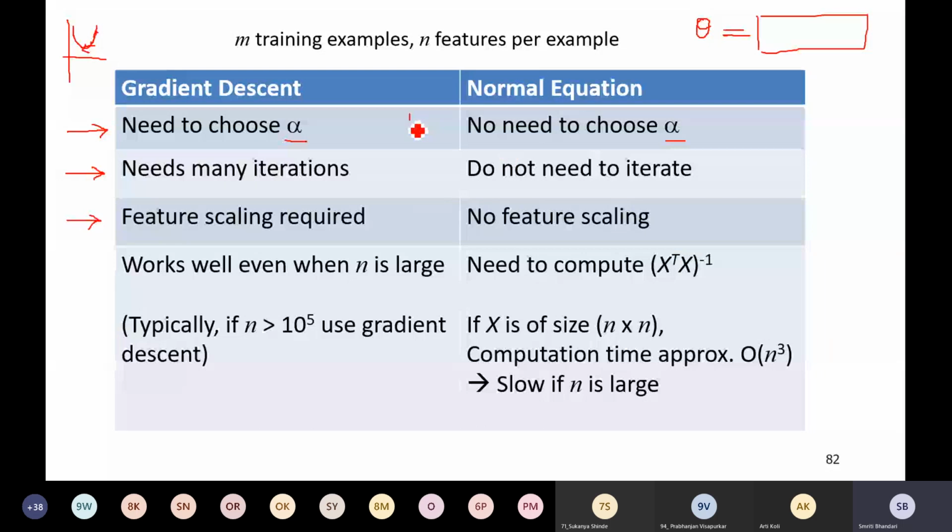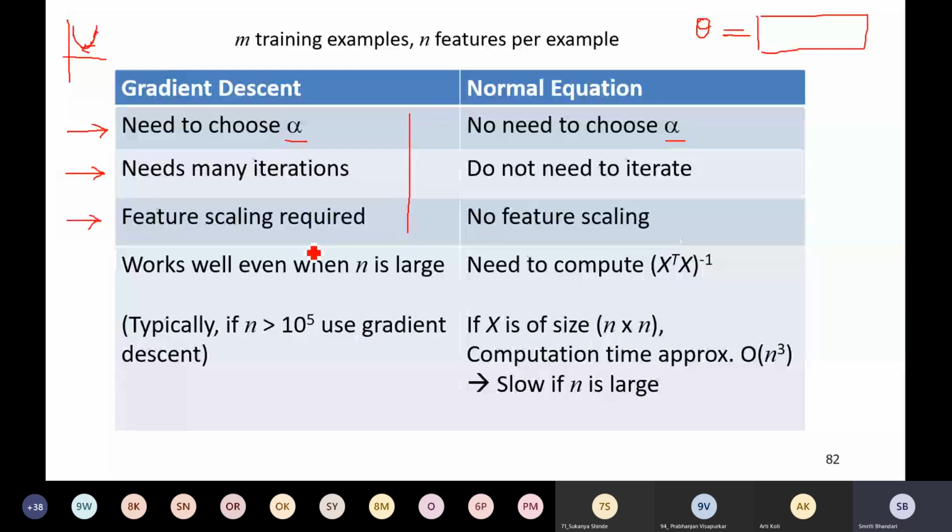If we look at these three points, we may find that normal equation is a better option to find the optimal values of theta, because it does not use a parameter alpha, it need not iterate, and no feature scaling is required.